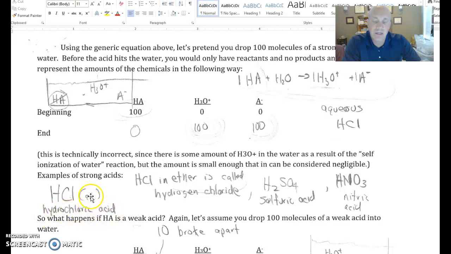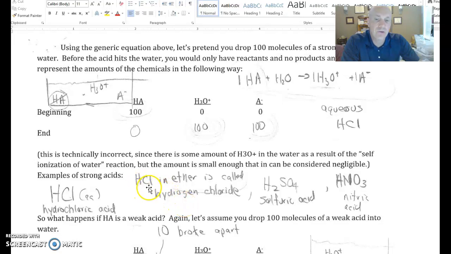All right, the reason that it's important that you put aqueous after this is it's also possible to get HCl as a pure gas where it's not dissolved in water. Whenever you have that, you would just call it hydrogen chloride.